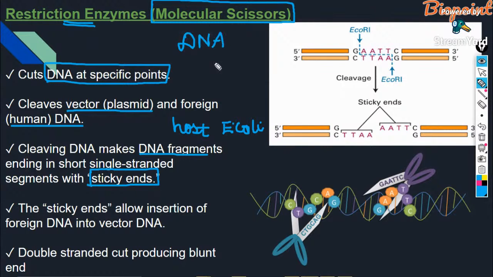Restriction enzymes actually cut the DNA, right? They are called molecular scissors. The fragments can be reunited to form a recombinant DNA with the help of the enzyme DNA ligase, which you can call a molecular glue.